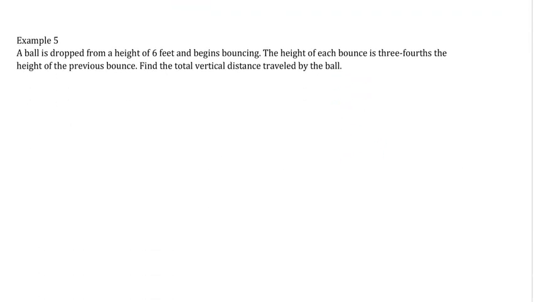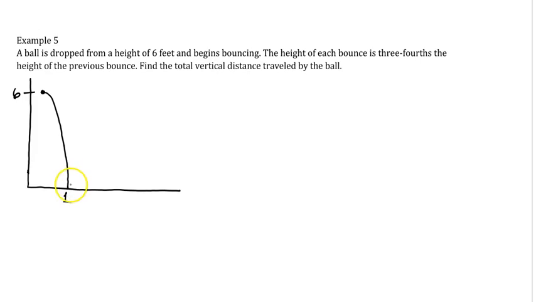In example 5, we have a ball that is dropped from a height of 6 feet and begins bouncing. So it hits the ground the first time and it bounces to 3/4 of the previous height. So it bounces back up, but it only goes 75% of the way back up.